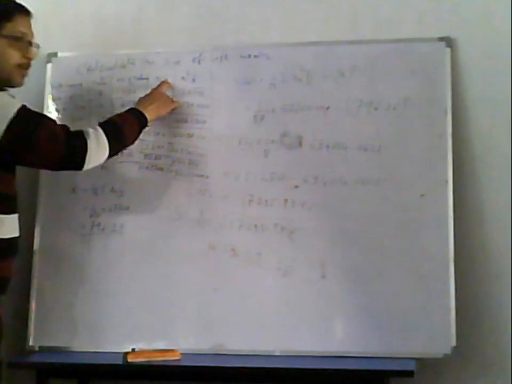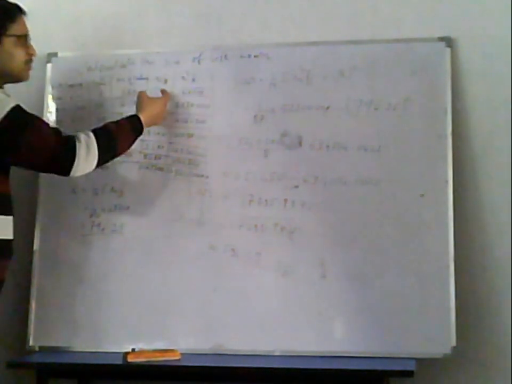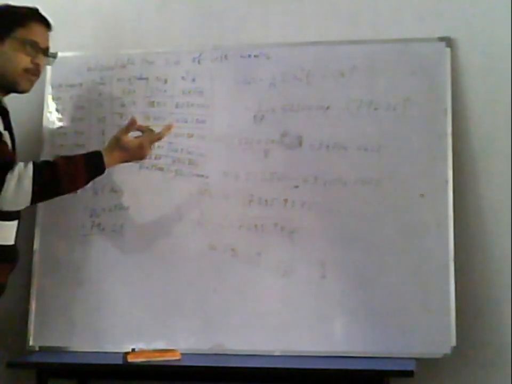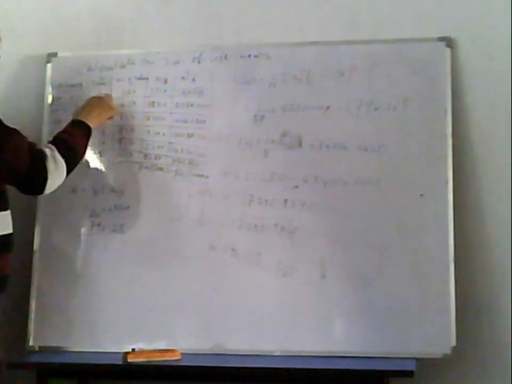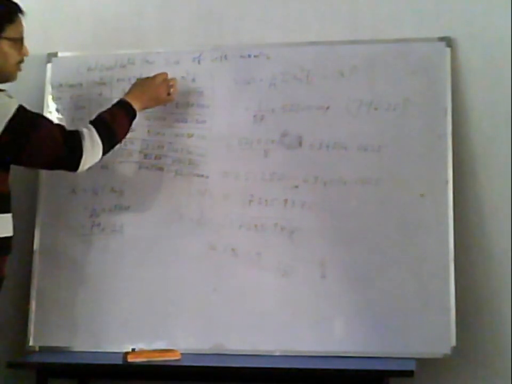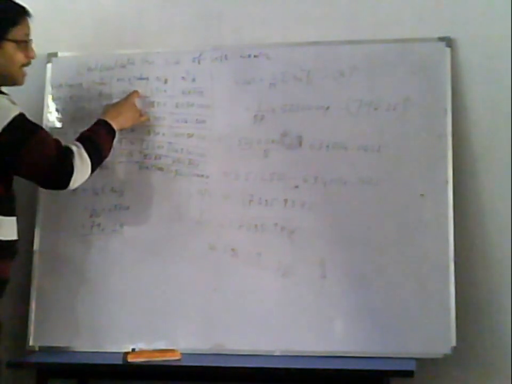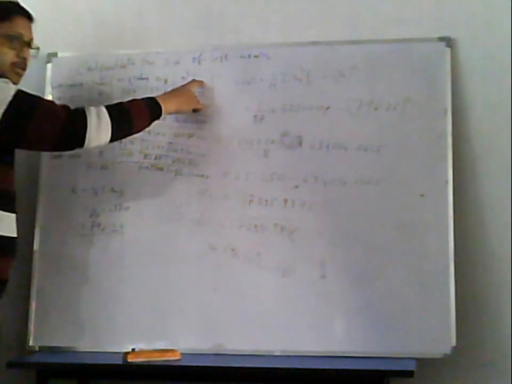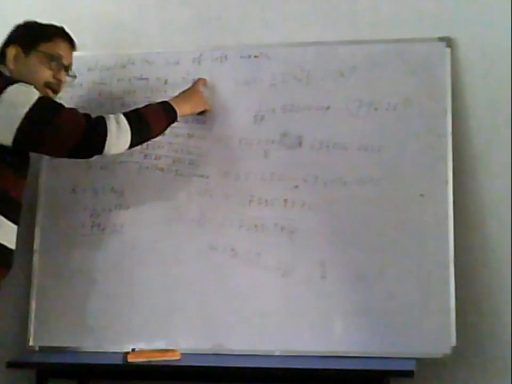So we calculate the xi square into fi column. Now this is xi into fi. If we multiply again with xi, then it will be xi square into fi. No need to first square xi and then multiply by fi, it will be time consuming. So we just multiply this xi fi by xi again, then we get xi square fi.